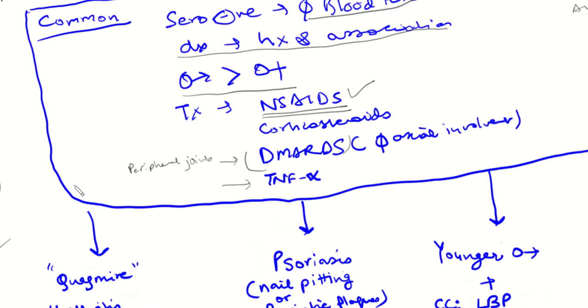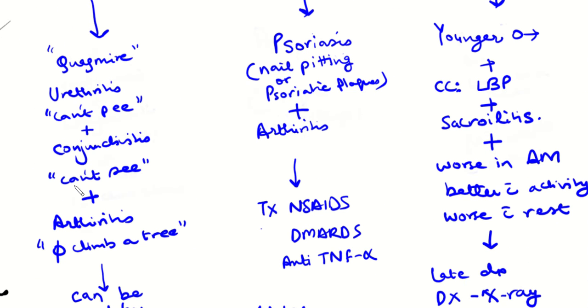Let's start with reactive arthritis. The way to think about reactive arthritis, if you guys have seen Family Guy, there's a character Quagmire in there. That is how I remember a younger male who is at a high risk for this disease.